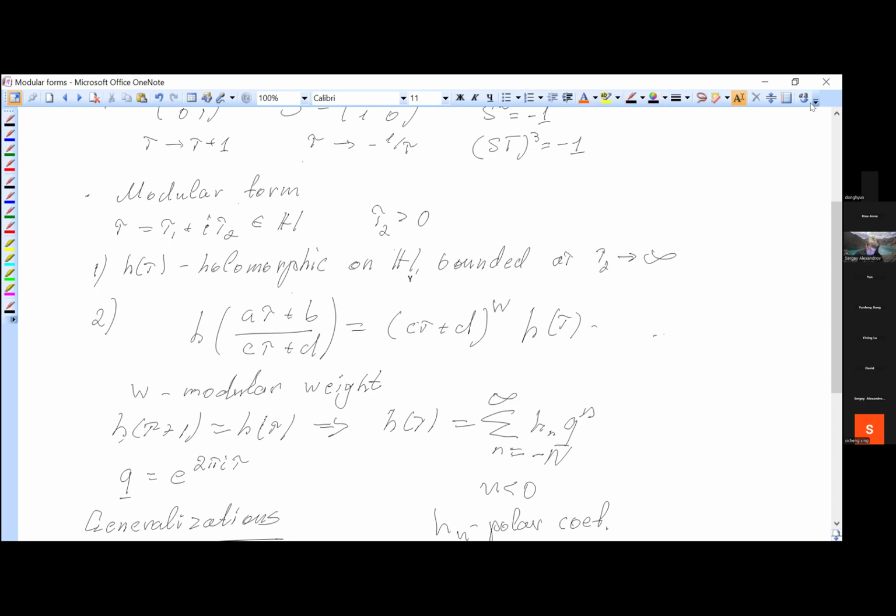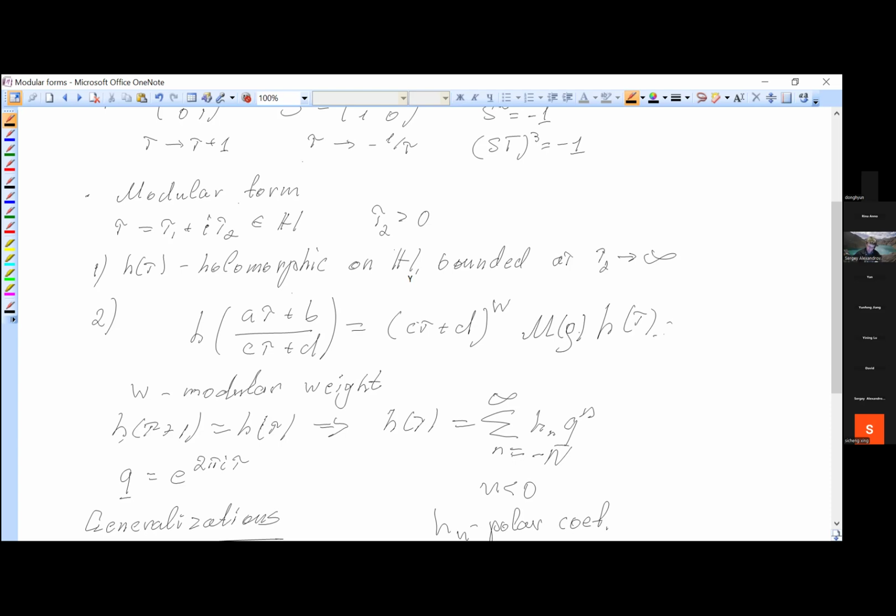Let's modify it a little bit like this: let's take this factor, move it here, and add in this formula an additional factor m, which depends on our SL(2,Z) transformation, and we will call this factor the multiplier system.